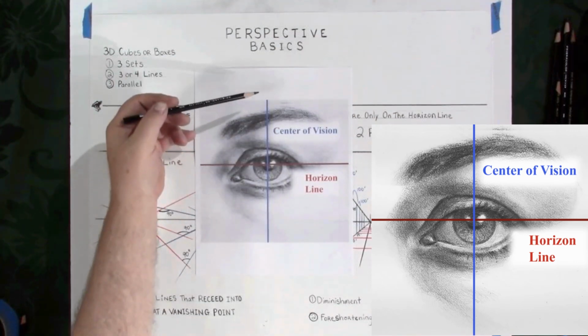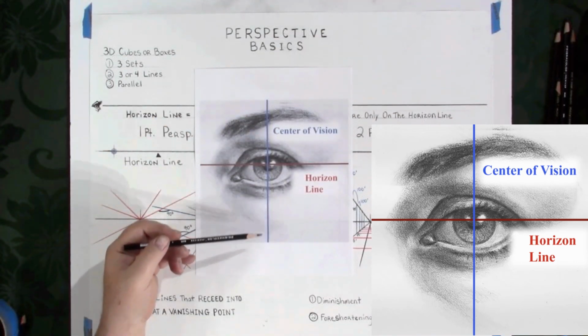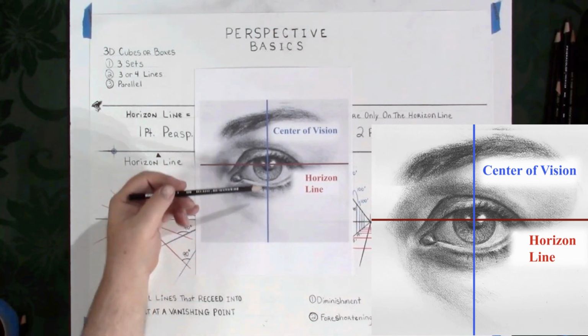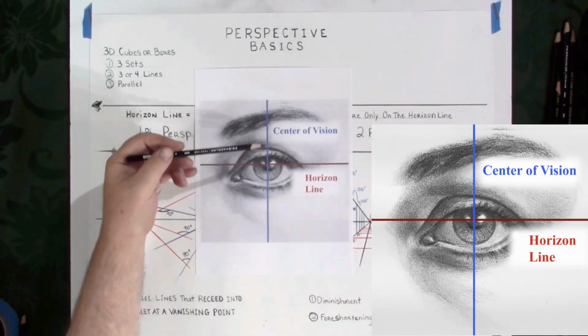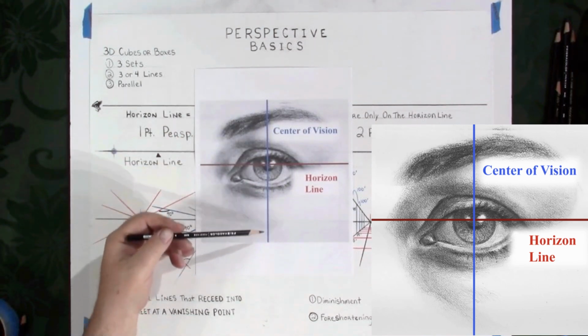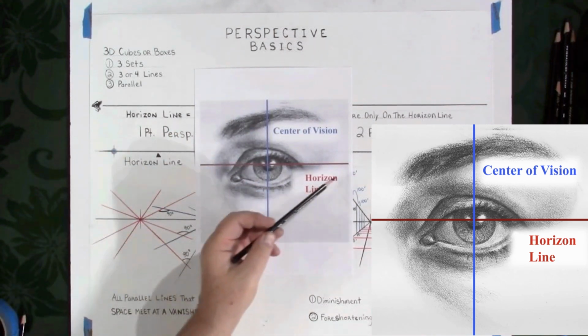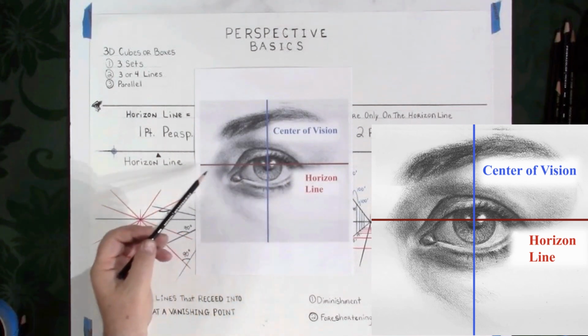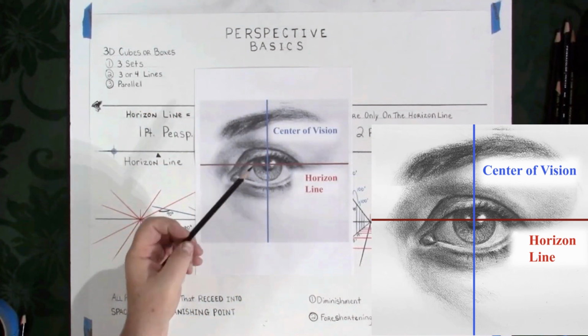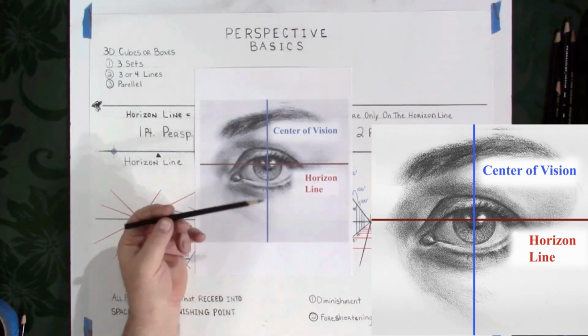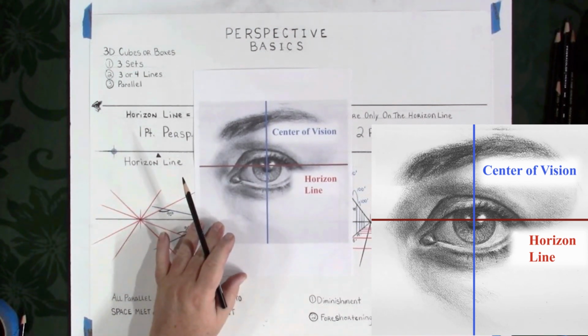And there's also a vertical line on the back of our cornea. So the horizon line is the horizontal line, and the center of vision is a vertical line, and so we get a crosshair. And again, that crosshair is very important.